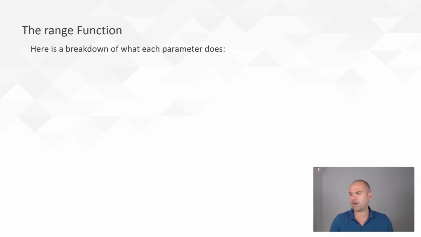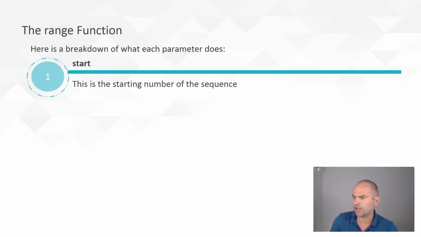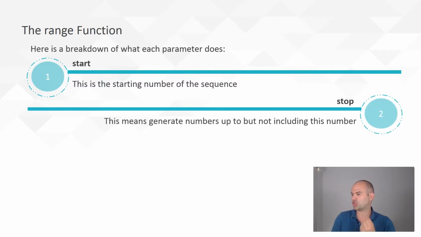So here's a breakdown of what each parameter does. The start is the starting number, the beginning index, the initial value of the for i in range, that initial number. The stop, the second one, is the number it never reaches. So that is the upper bound.